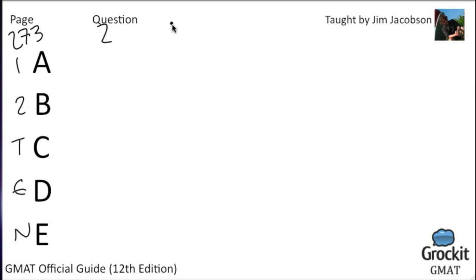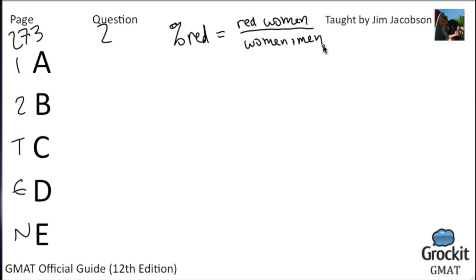So the percent of women with red hair would equal red women, and of the group, it'd be all the women and all the men. So we need these numbers in order to figure out what the percentage is of women with red hair.